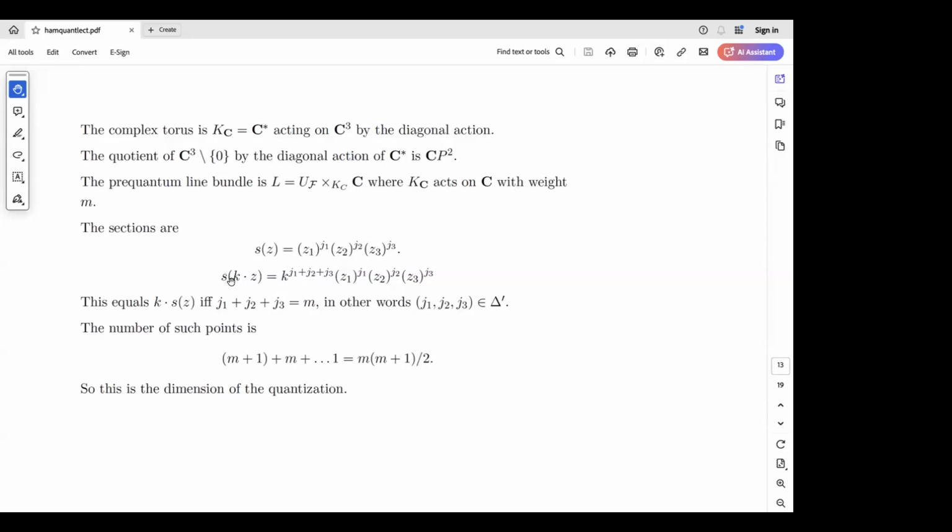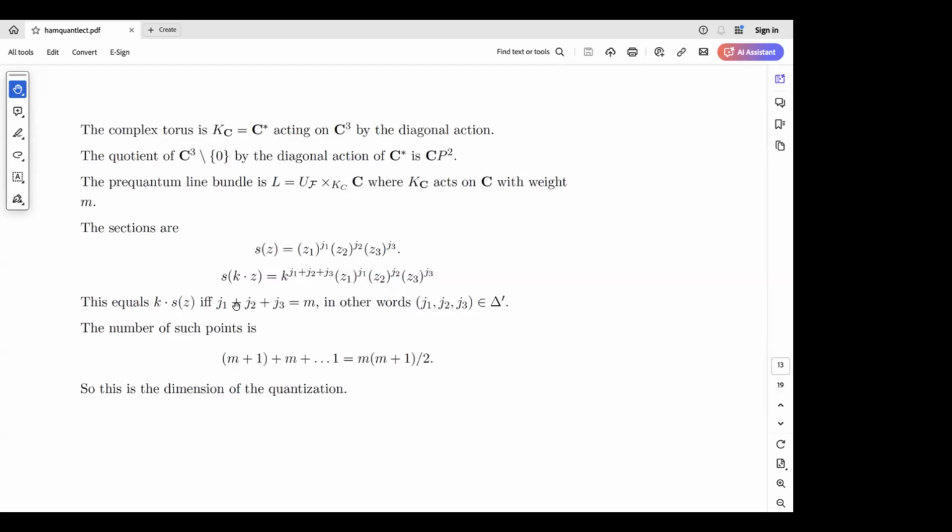And S of K dot Z is K to the J1 plus J2 plus J3 times Z1 to the J1, Z2 to the J2, Z3 to the J3. This is equal to K times S of Z if and only if this exponent is equal to M.